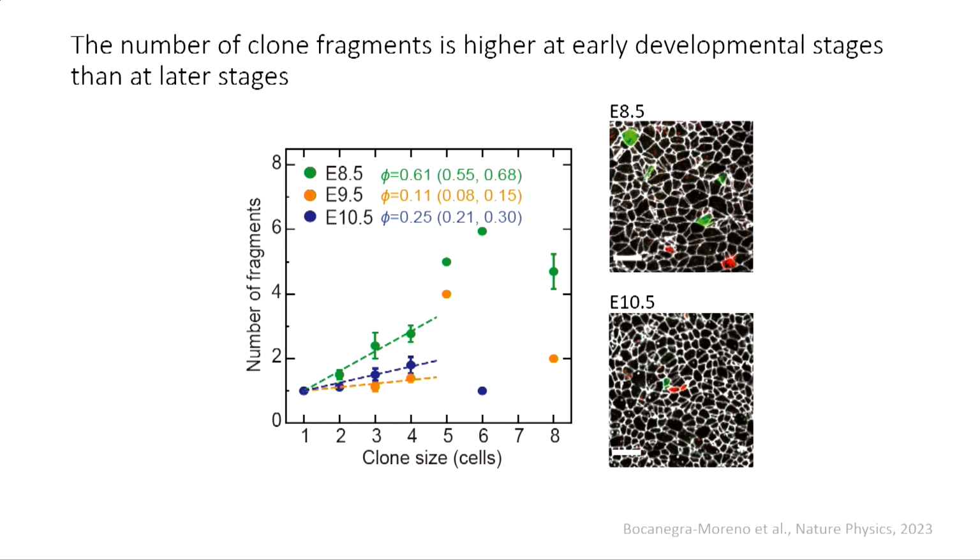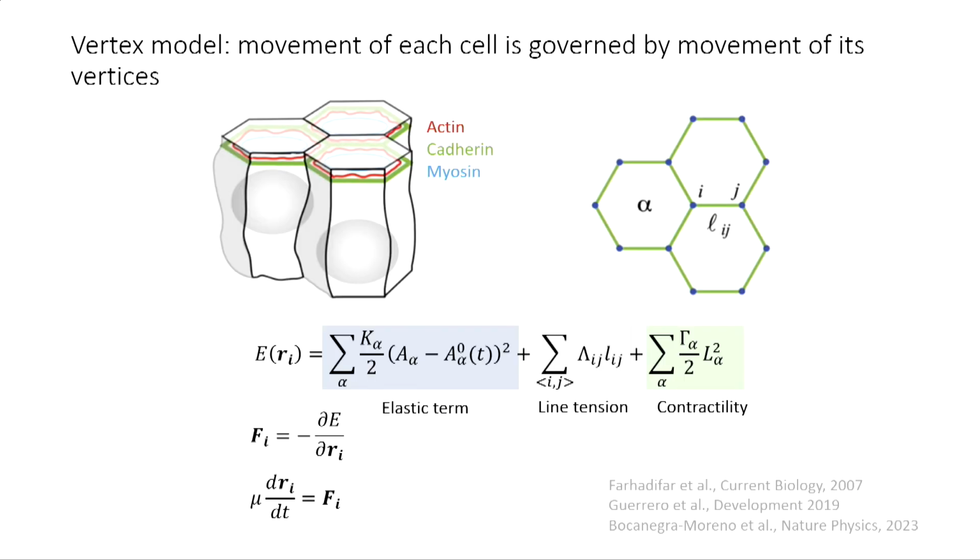Now we wanted to understand how you could get this fragmentation as the tissue is expanding and growing. To do so, we use a vertex model where the movement of each cell is governed by the movement of its vertices, and to define this dynamics, you need to define the energy function. We heard yesterday a lot about actin, cadherin, and other things that make cells contractile in Richa's talk.